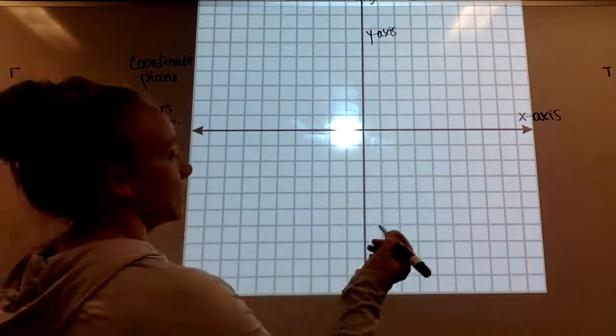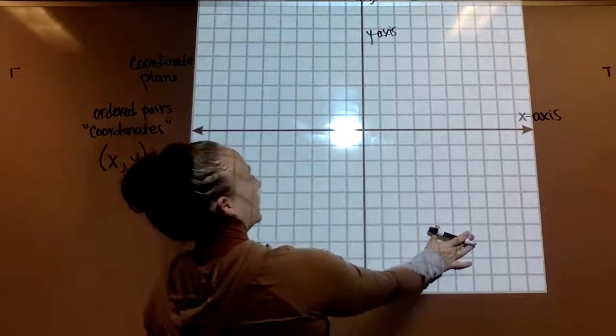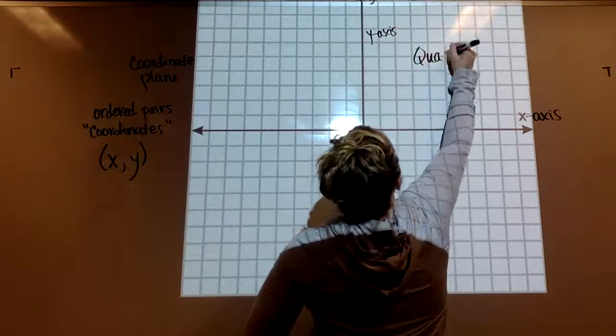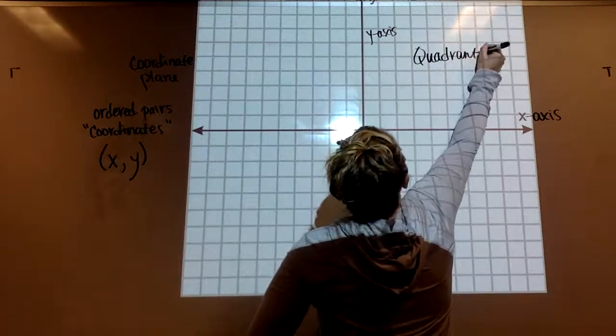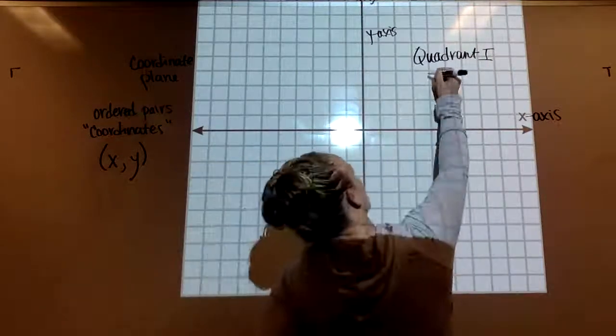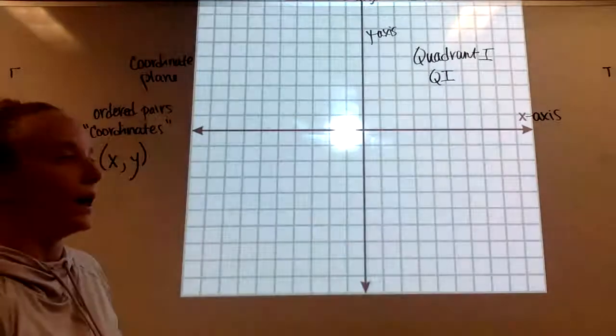A little bit more anatomy about this. We have 4 quadrants in a coordinate plane. This first quadrant is quite literally called quadrant 1. Note the Roman numerals. So you can also see it sometimes called Q1.